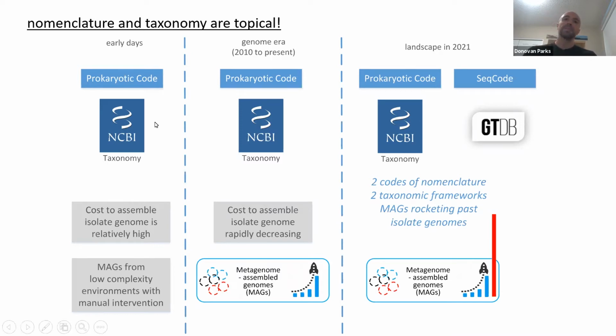So if we take you back to the early days here, which for the purposes of this talk is pretty much before 2010, so not that long ago, we have a code of nomenclature, which we call the Prokaryotic Code, which we'll discuss in some detail here. And we have taxonomic opinion in our community, which gets codified in the NCBI taxonomy.